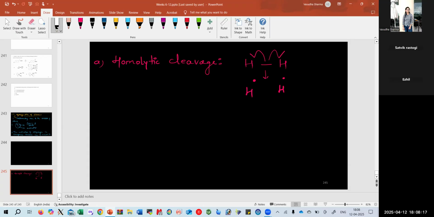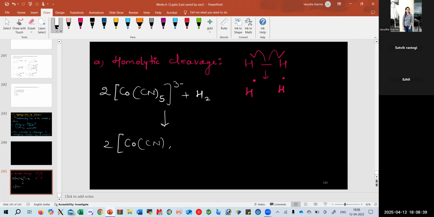In this scenario, we take a cobalt cyanide complex and treat it with hydrogen. Hydrogen activation happens, and each hydrogen takes one electron, forming two Co(CN)5H 3-. So this has been cleaved as H dot and H dot.